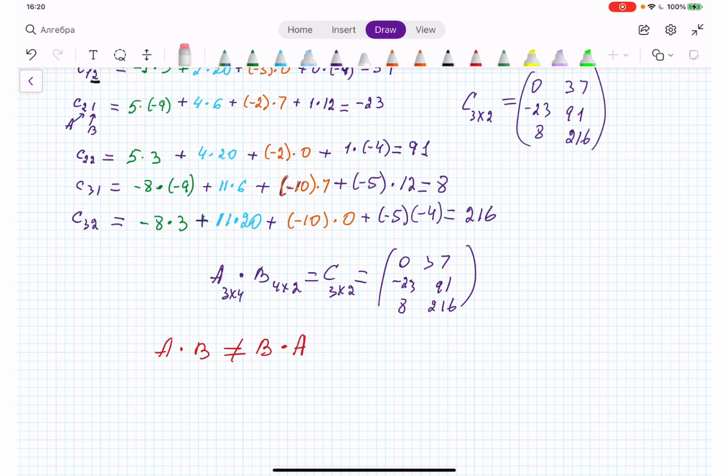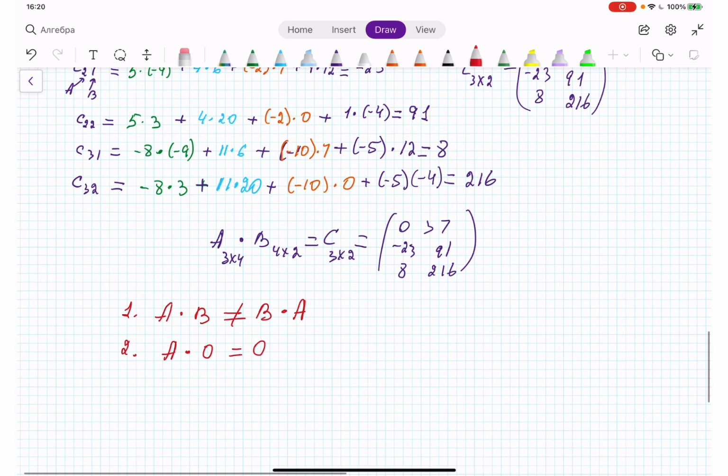I wrote down some properties of multiplication for matrices, which means we cannot apply the commutative property. Second one is if we multiply the matrix A by the zero matrix, which means all elements are 0, we are getting a matrix with all elements 0.